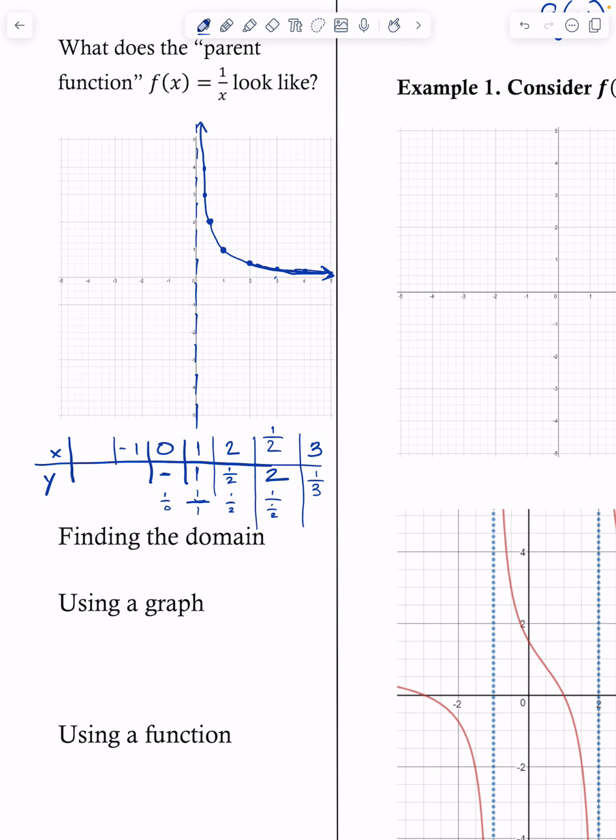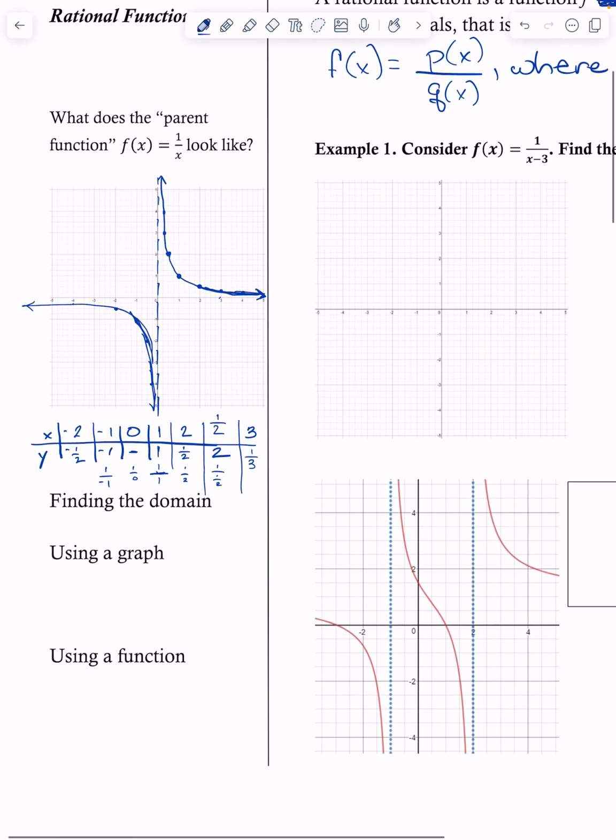If x is -1, I get 1 over -1, -1. If x is -2, -1/2. So we're going to get the same shape. Here, we'll make it fit. Same curve type over here on the lower left-hand side, quadrant 3.